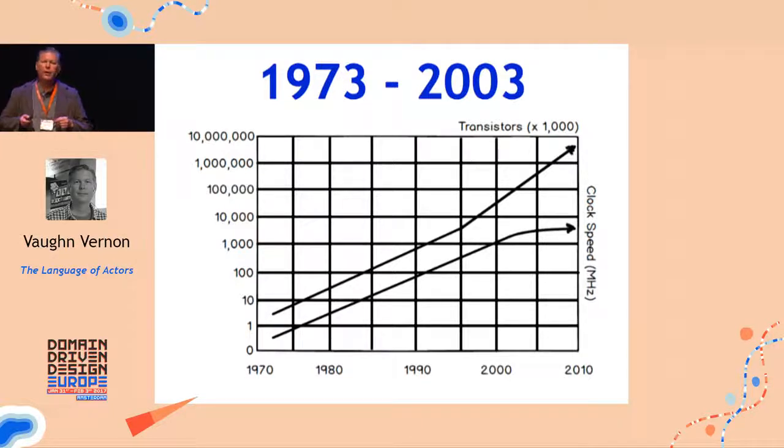But in 2003, something dramatic happened, and the actual clock speed of processors started to fall off. There are various reasons for that, one of them being that they can't find a good way to cool the processor enough to allow it to run at a faster speed, so there's no practical way to keep the processor cool enough to allow it to run hotter and hotter. There are other reasons for this, but this has a significant influence on where we are going today.